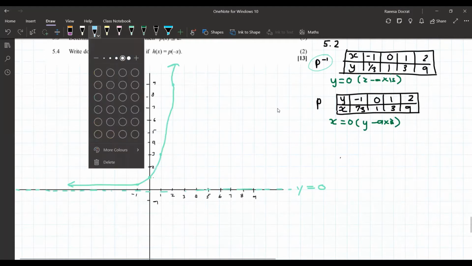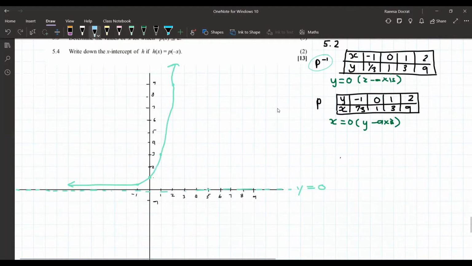For the inverse, we're going to plot the same points, swapped. At x is equal to a third, we have y of minus 1. So that point is there. When y is 1, x is 3. When y is 2, x is 9.